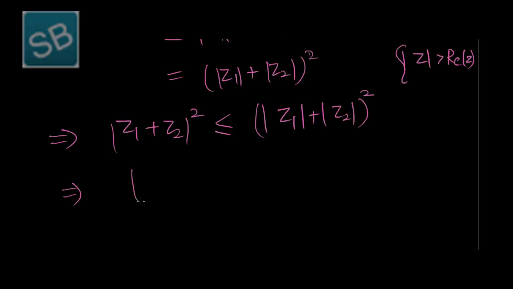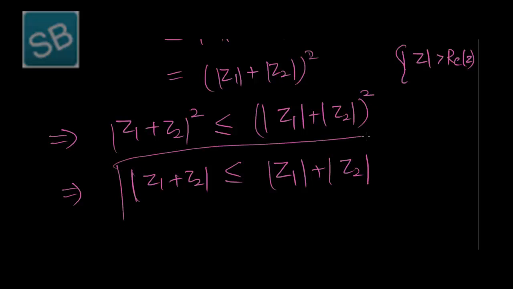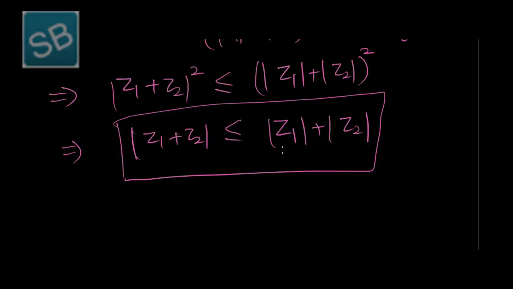That gives |Z1 + Z2| is less than or equal to |Z1| + |Z2|. So this was our property, and that will be used in the problems to solve such type of questions where we have to find maximum minimum value.